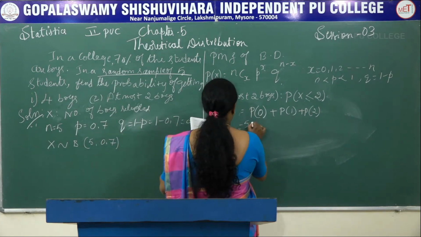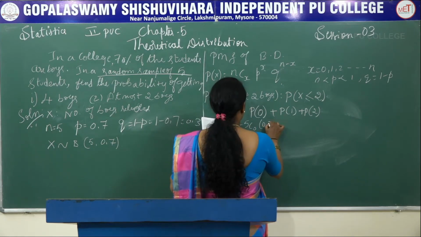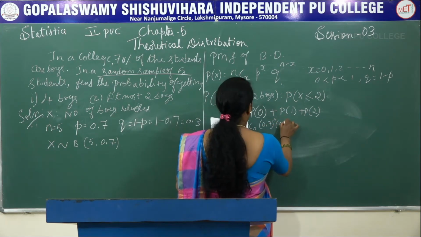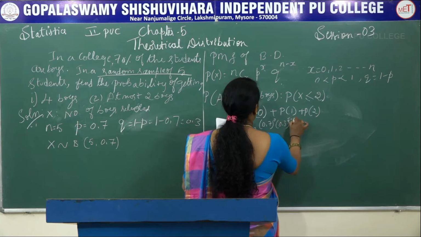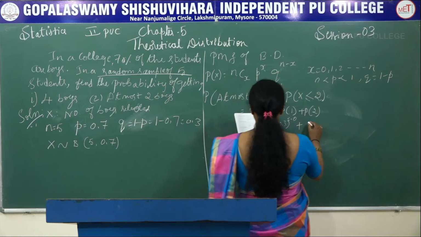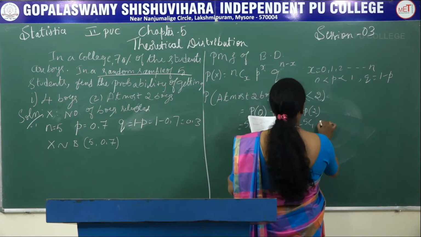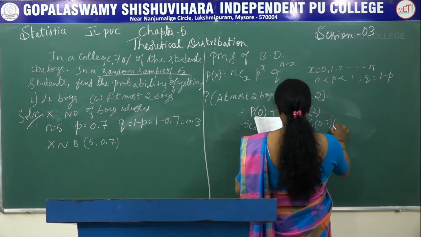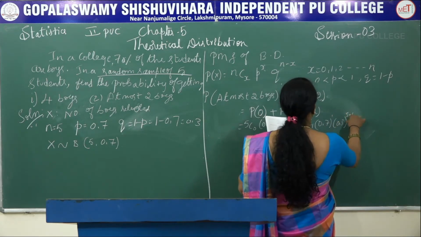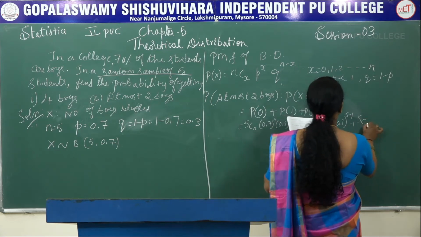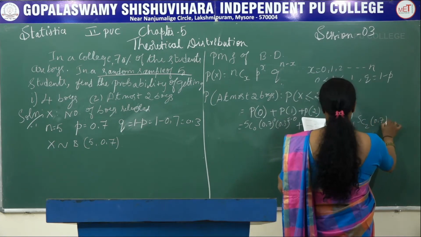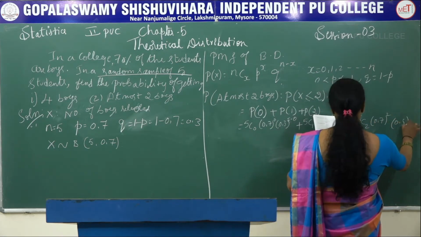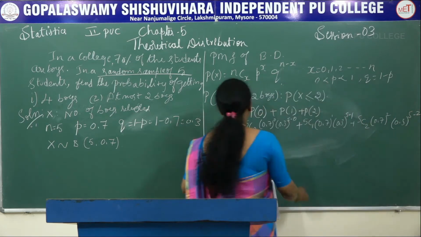So I'll write like this. It is 5C0, 0.7 power 0, 0.3 power 5 minus 0, plus 5C1, 0.7 power 1, 0.3 power 5 minus 1, plus 5C2, 0.7 power 2, 0.3 power 5 minus 2.